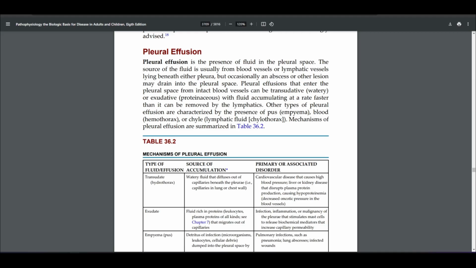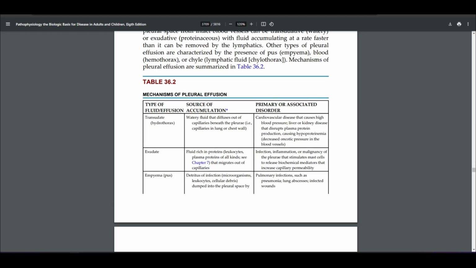Pleural effusions that enter the pleural space from intact blood vessels can be transudative, watery, or exudative, that's full of proteinaceous fluid accumulating at a rate faster than it can be removed by the lymphatic system. Other types of pleural effusions are characterized by the presence of pus, your empyema, blood, hemothorax, or chyle, your lymphatic fluid. Mechanisms of pleural effusion are summarized here in this table.